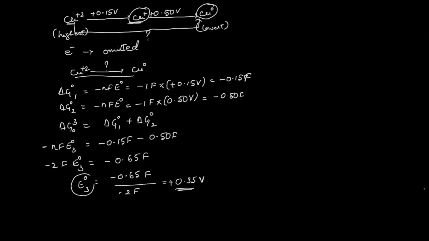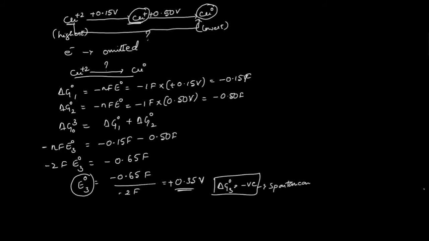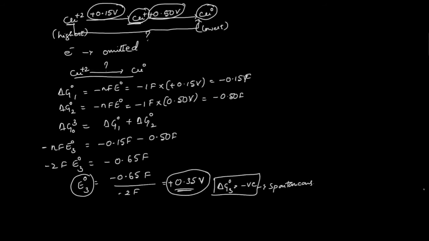If the E naught value is positive, the delta G naught value for the third reaction must be negative. Here you can observe the E naught values: this is also a positive value, this is also a positive value, and we got the same positive value. Which is the highest positive value of E naught? That is 0.50.